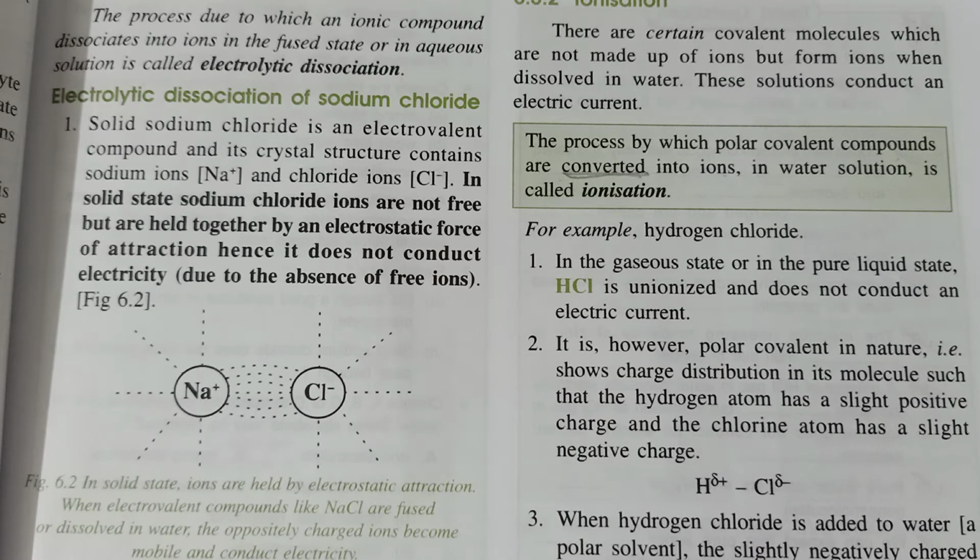A non-ionic compound is converted into ions. That means ions are created. Ions are not separated, but ions are created. So the creation of ions from a non-ionic compound, which in this particular case is a polar covalent compound, is known as ionization.